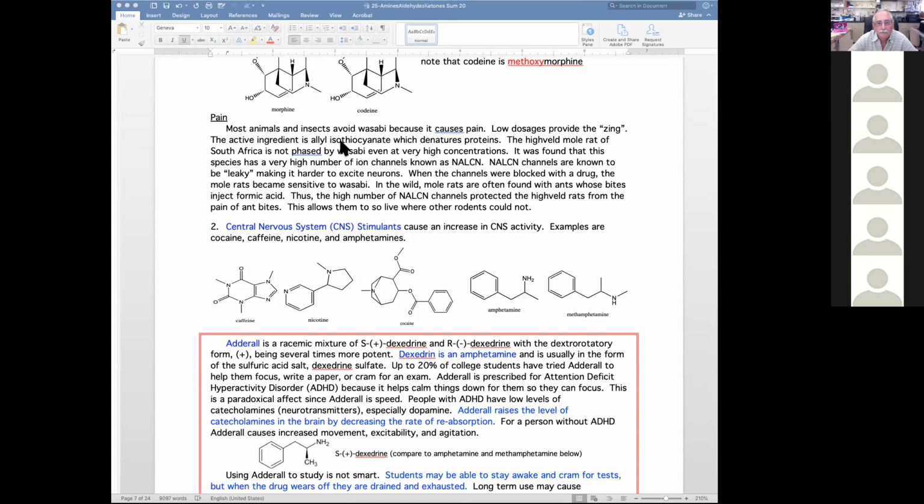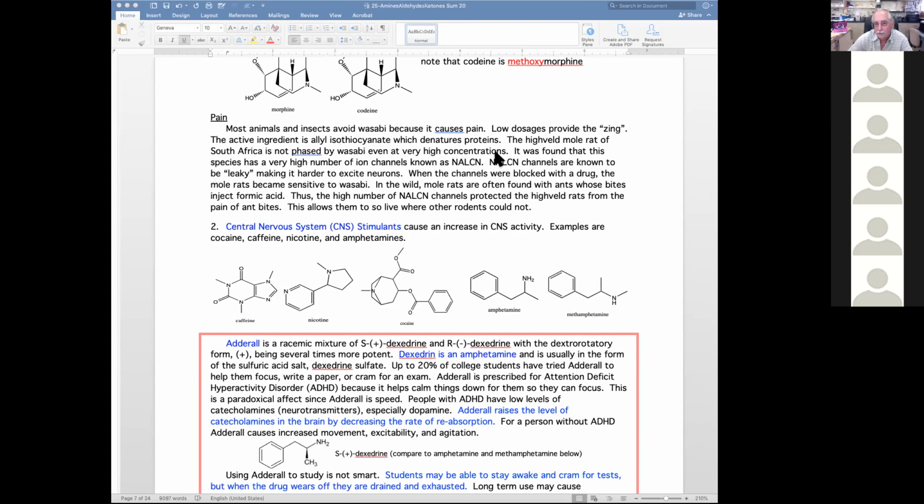But here's the active ingredient. So allyl isothiocyanate denatures proteins. So they found this mole rat in South Africa that is not fazed by wasabi at any concentrations. It can just eat raw wasabi all day long and no problem.